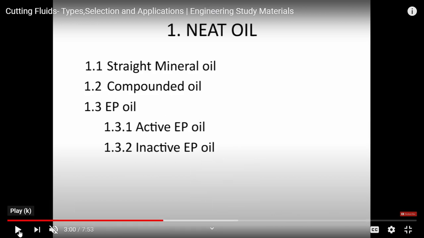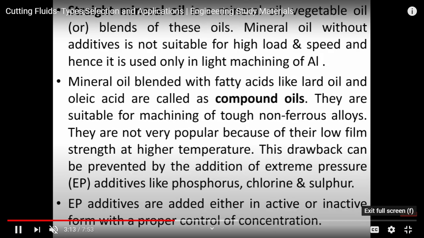What are the mineral oils? We know that mineral oils, straight fatty oils, compounded or blended oils. And here, what is a mineral oil? Mineral oils, generally cutting fluids, have little effect on cutting efficiency when machining or operating at high speeds.